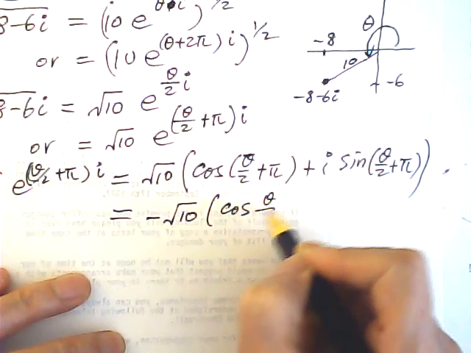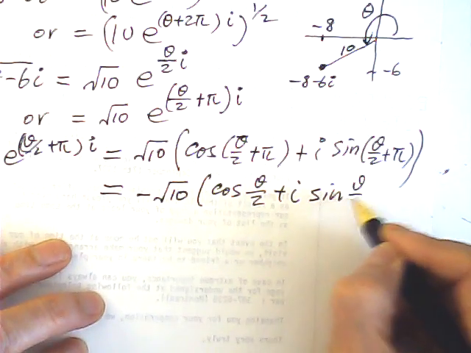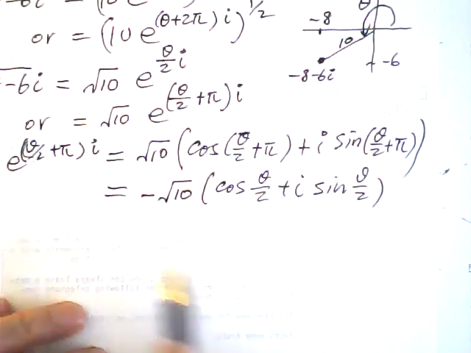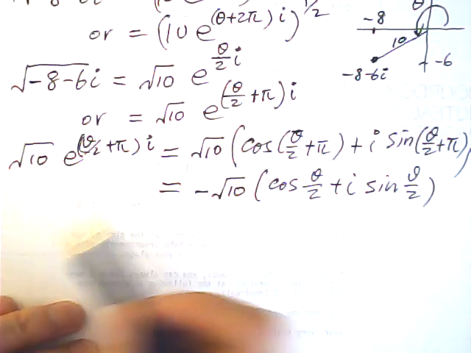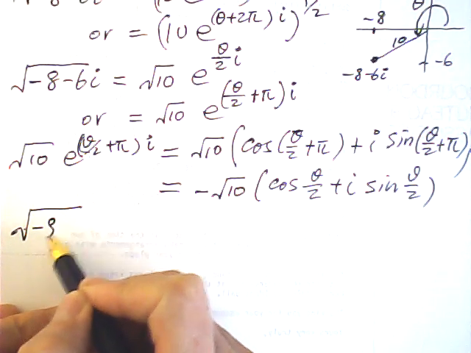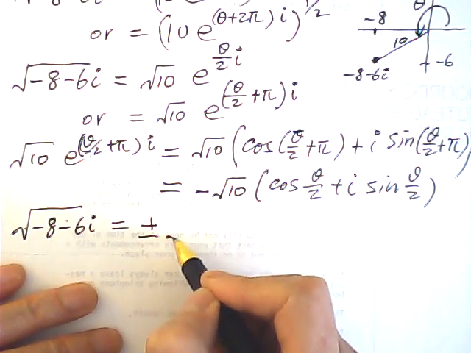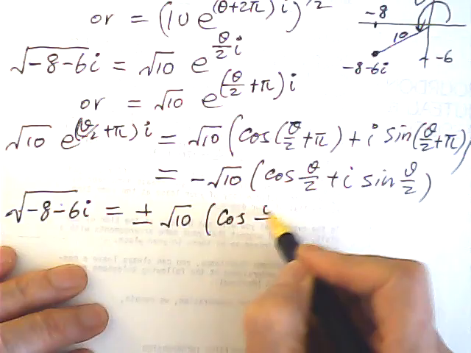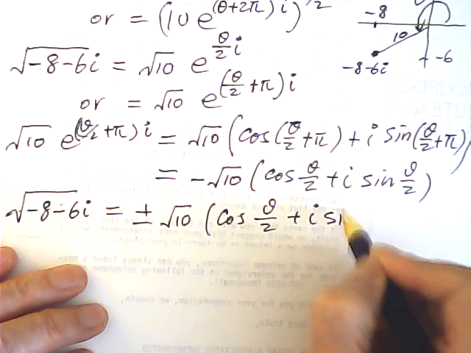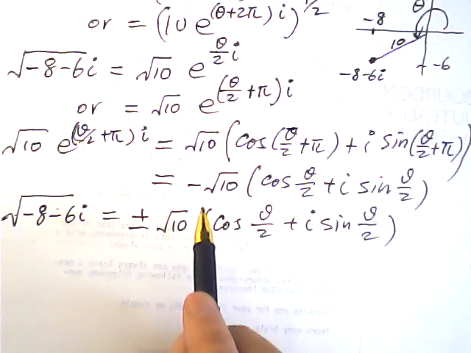So I end up with cosine half theta plus i sine half theta. Okay, so that means this square root is actually plus or minus root 10 times cosine half theta plus i sine half theta, positive or negative.